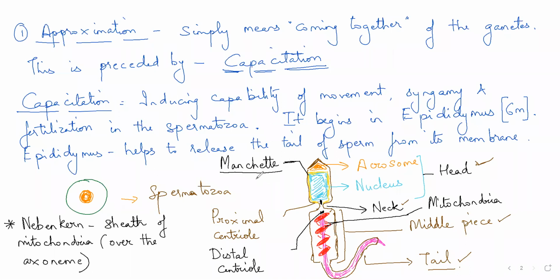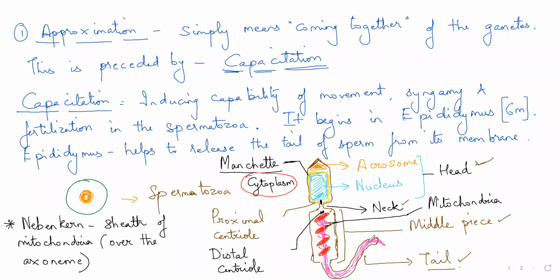This is cytoplasm, the residual cytoplasm. Manchette is the cytoplasm. Right.